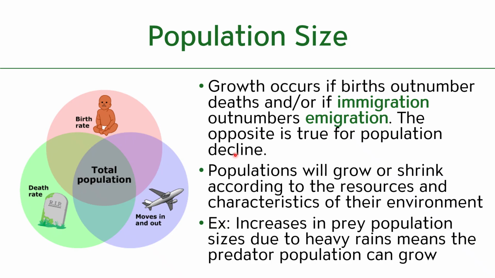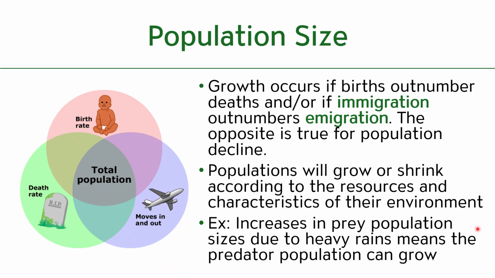And then obviously the opposite is true if the population is going to shrink or decline in size. Now, all of this is going to be highly dependent on the resource availability and the characteristics of the environment, and we're going to get into a little bit of that as we go.